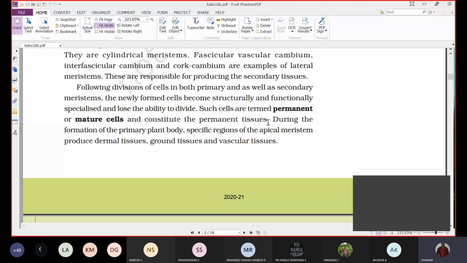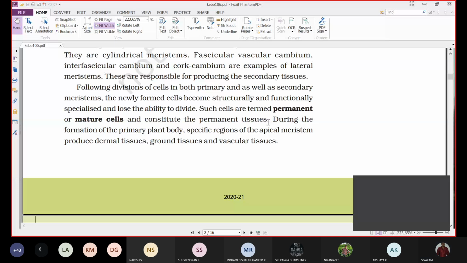The tissue which has lost the ability to divide and transformed to perform specialized functions, we call a permanent tissue.